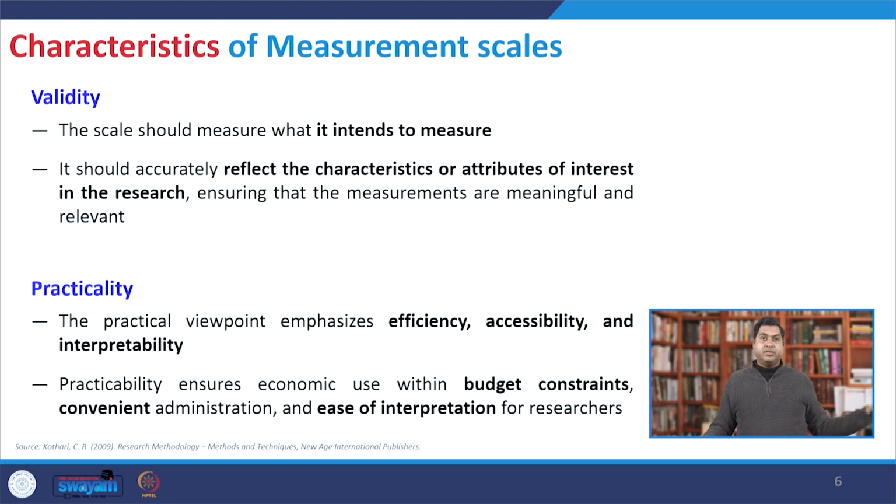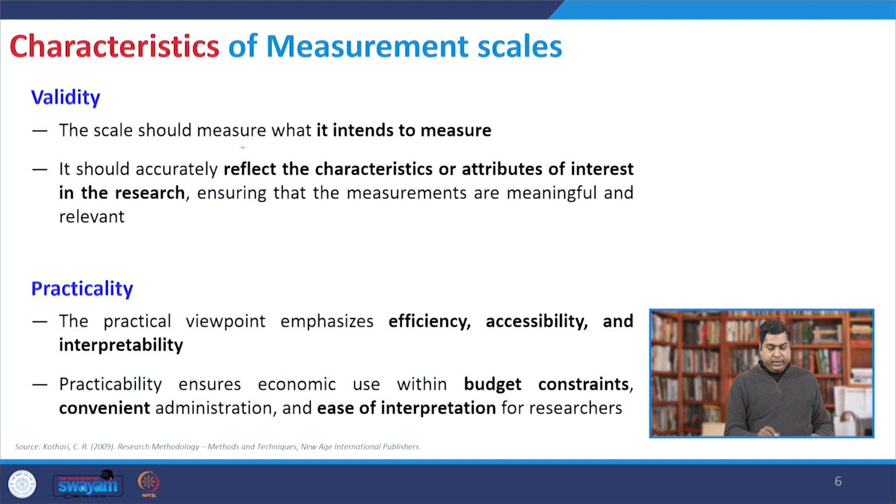Next is the validity. One is how consistent the scaling part is. Now, whether it is valid for my research purpose or not. If my intent is to capture certain nominal data, then definitely we cannot use a measurement scale which fails to measure nominal data, or that is applicable for some other type of data.